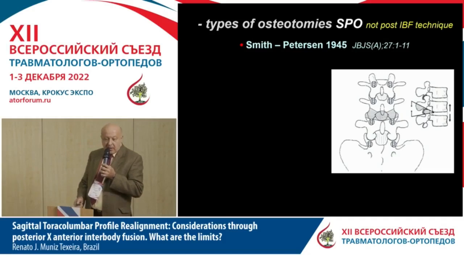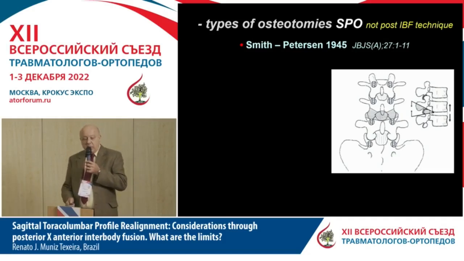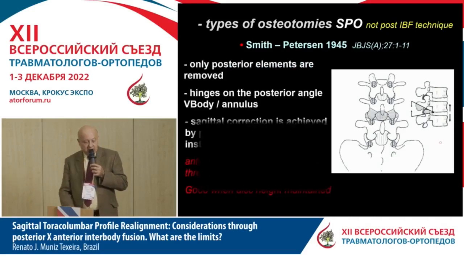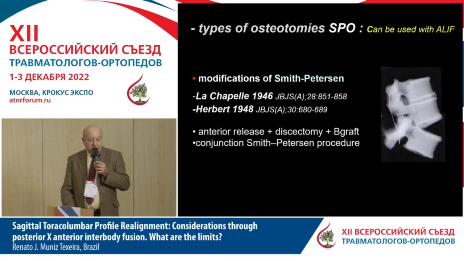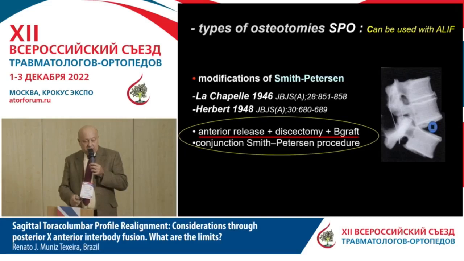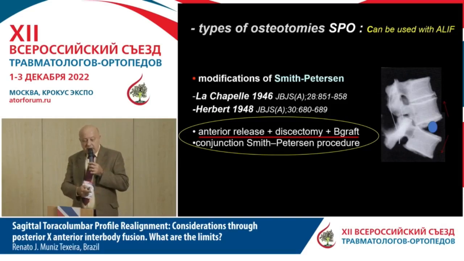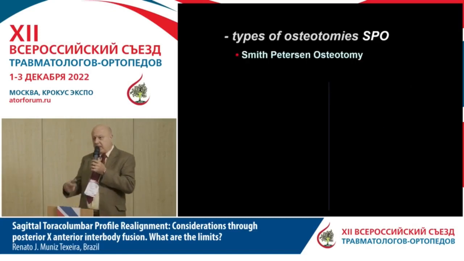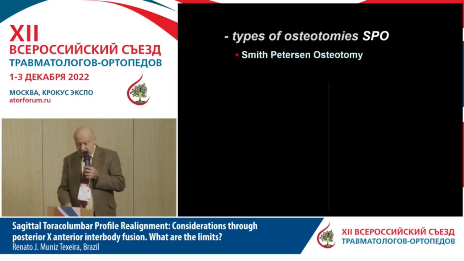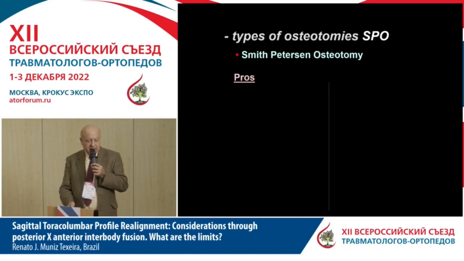Smith-Petersen osteotomy is also useful in mobile spines, but was introduced in 1945. The modifications, like eggshells, and with an anterior approach used with Smith-Petersen, permit a better correction with better rates of successful results.